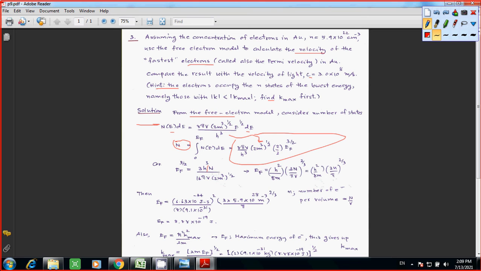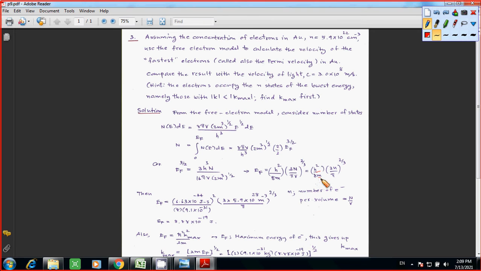So here you have N over V, which becomes the electron density by volume. So I simply put N over V as n, and you can calculate EF, which is in terms of what you have, h.